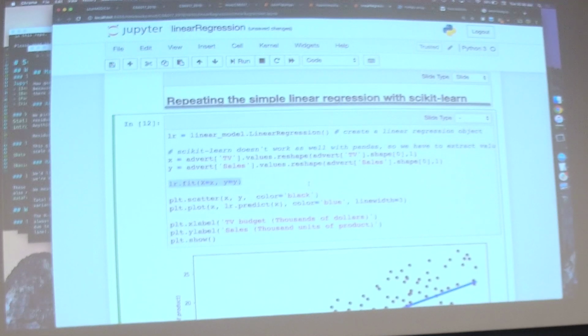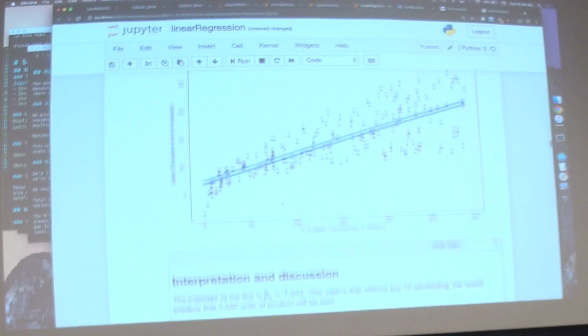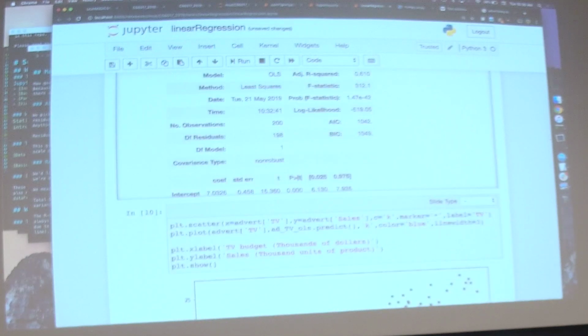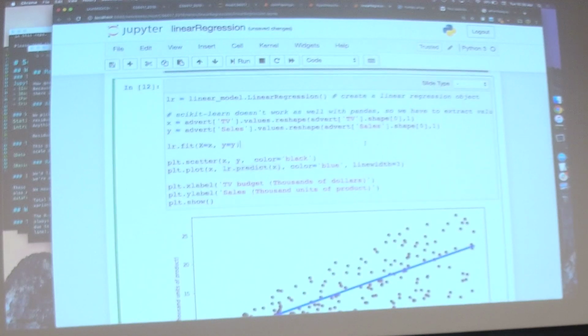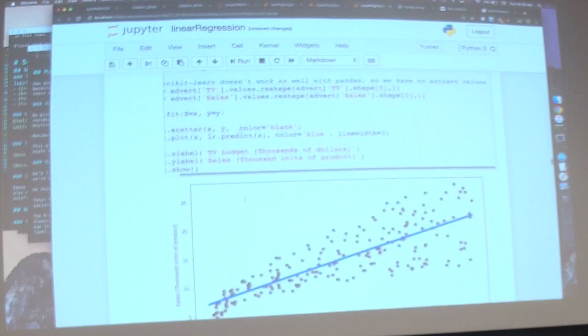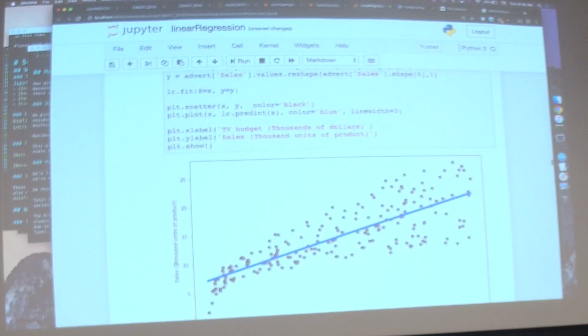Here we're not specifying a formula or anything. We're just giving the x and the y's, and it has this predict function, which is similar but not the same as the OLS predict function here. So the APIs are similar but not the same. But you see we get the same line out.